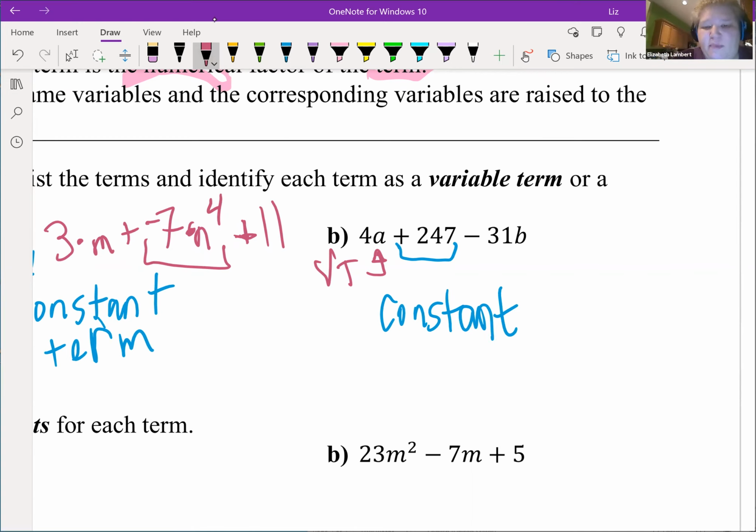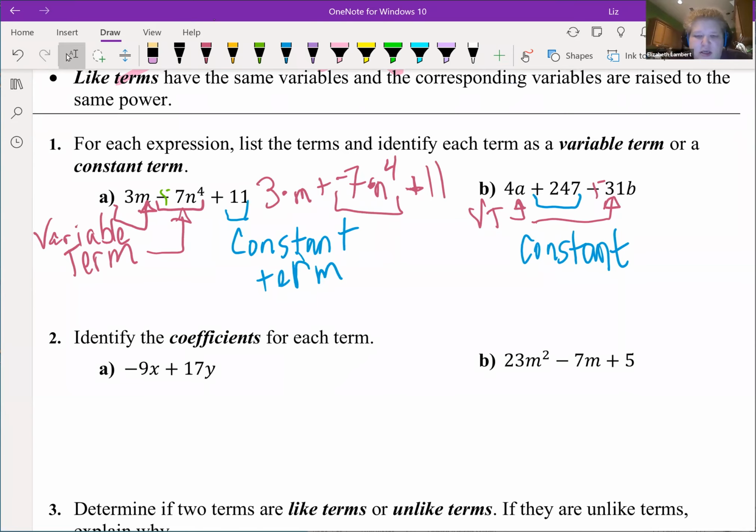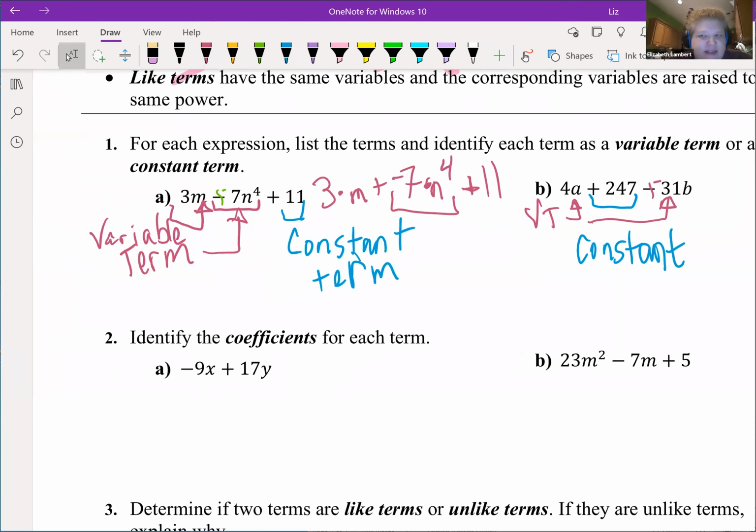And then minus 31b. So again, negative 31b is another variable term. All right, so variable terms have letters. Constant terms do not. But do pay attention to those minuses, the subtraction and the negative signs. It's very easy to misplace the minus and then the whole problem will go wrong.